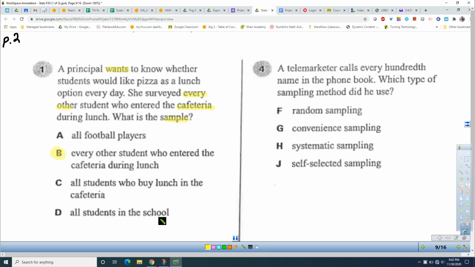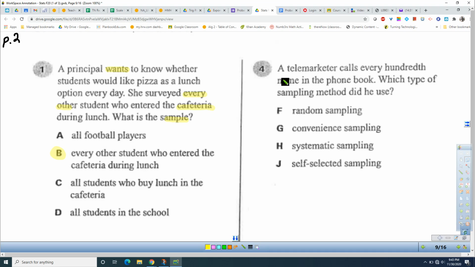And then all students in the school? That's a pretty good idea, but that's not what they did. The question is, what is this sample? Not what would the best sample be, it's what is this sample. And that is the deal there. So B was the answer to the kind of sample that this principal chose.